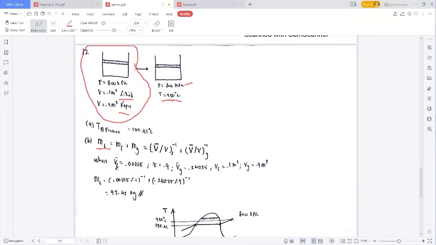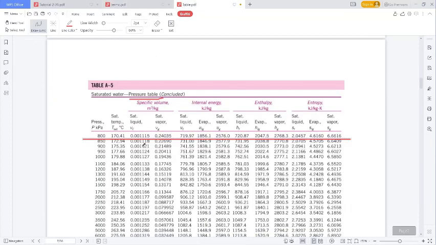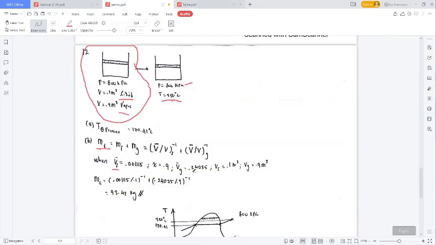The specific volume for the liquid you can find in the table, which is here, 0.00115. You can find the value of Vg, 0.24035, from the table, and we are given the values of Vf and Vg.